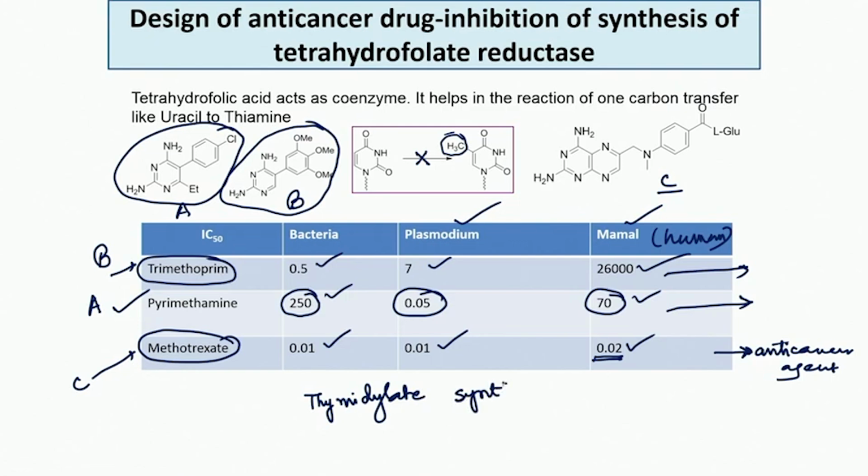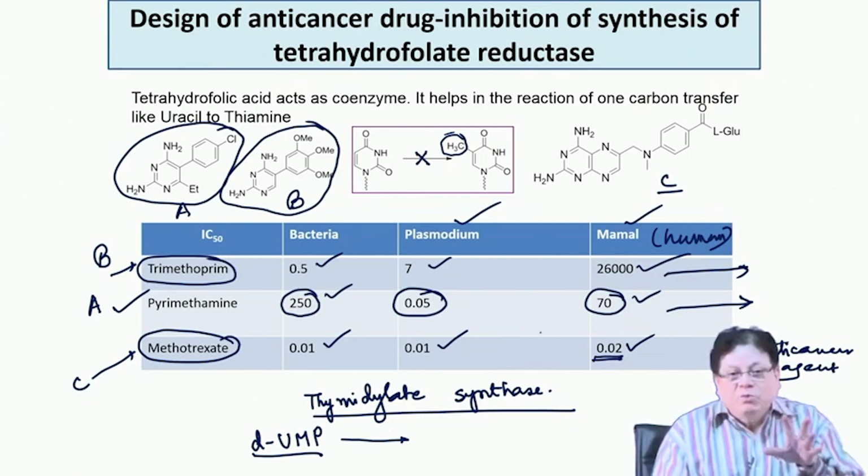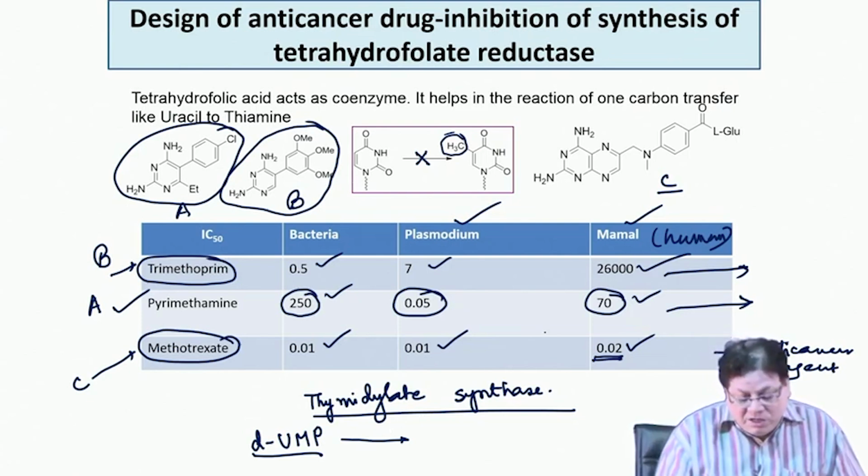I will tell you what is the genesis of the name. This conversion is basically from uridine monophosphate to thymidine monophosphate. This can also be abbreviated as dUMP, deoxy. The one I did not mention is the deoxy, because this is the sugar with the 2' oxygen not there.